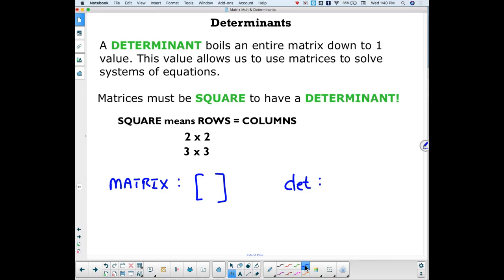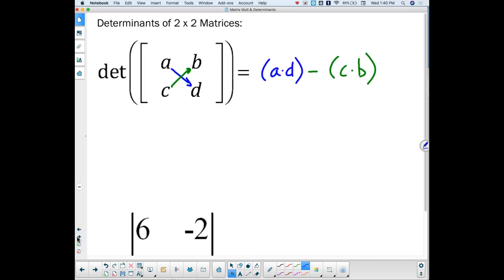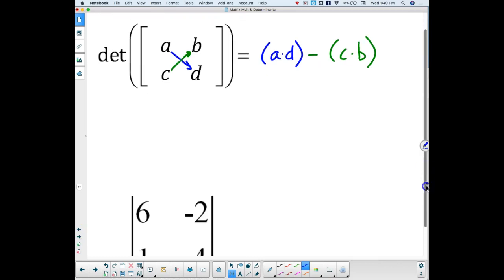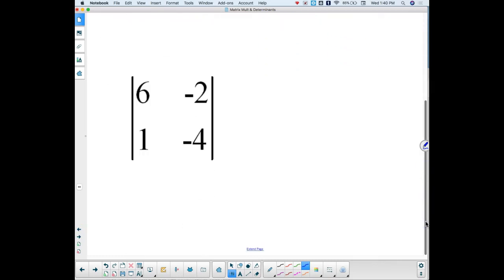Okay, DET is the symbol for determinant. The determinant has straight sides. Matrix, brackets, determinant, straight sides. Okay? So now, this is asking us to find the determinant of this because it's got straight sides.